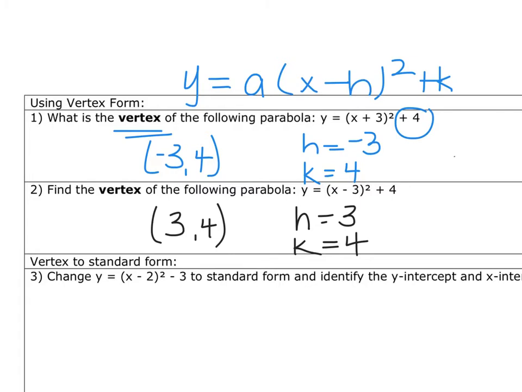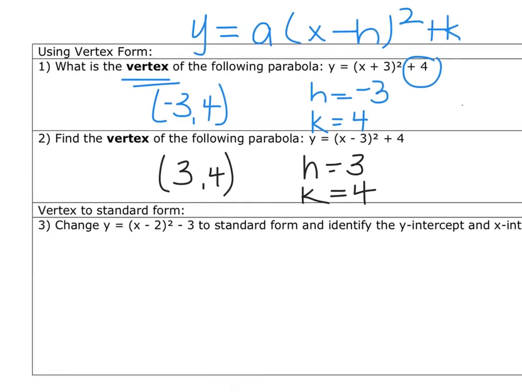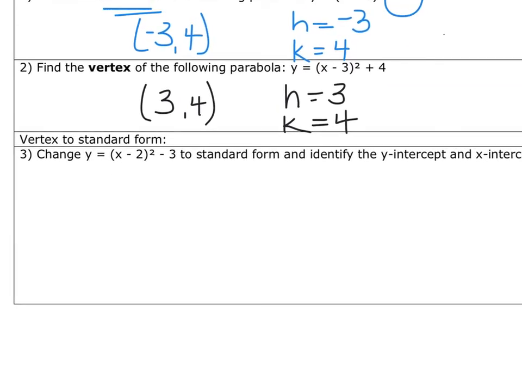So when it's inside parentheses, you have to think the opposite. So in question 3, we are going to change this equation into standard form and identify the y-intercept and the x-intercept. But real quick, let's identify the vertex. Remember, it's a minus 2, so we have to think the opposite. It's a plus 2, and then a minus 3 stays the same. Inside parentheses is the opposite.